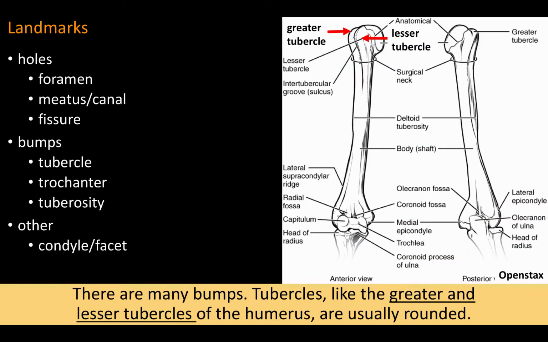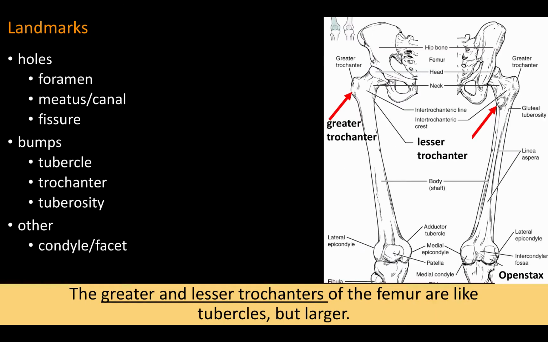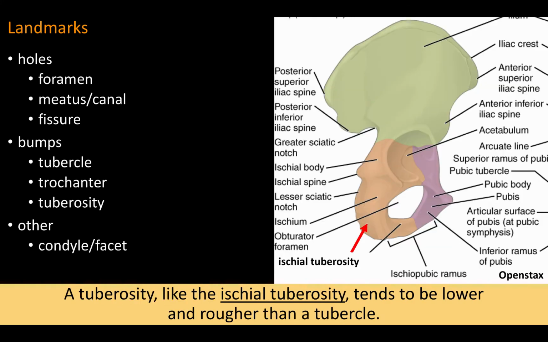There are many bumps. Tubercles, like the greater and lesser tubercles of the humerus, are usually rounded. The greater and lesser trochanters of the femur are like tubercles, but larger. A tuberosity, like the ischial tuberosity, tends to be lower and rougher than a tubercle.